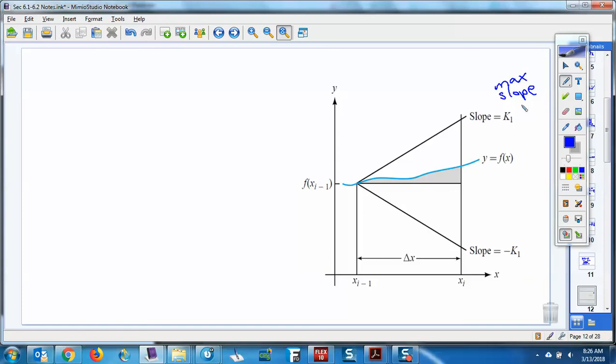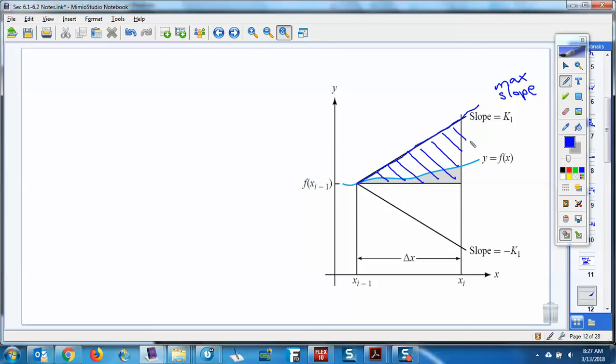So the gray is the actual error, but this triangle is our max error. That's the most we could be off, because the graph can't be any steeper than that, since we took the max of our derivative.